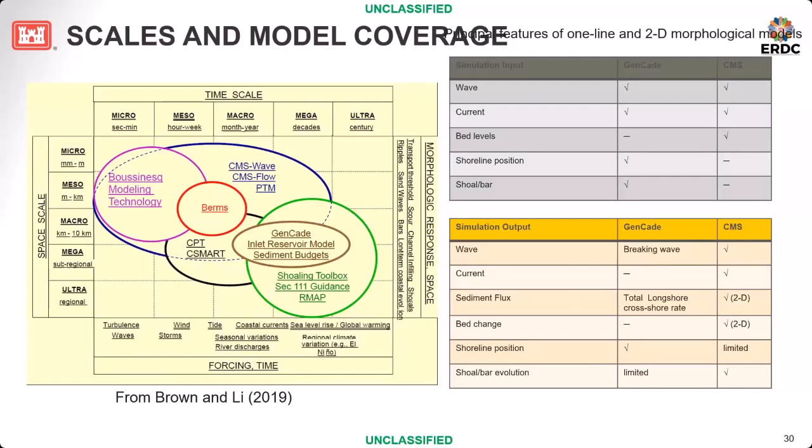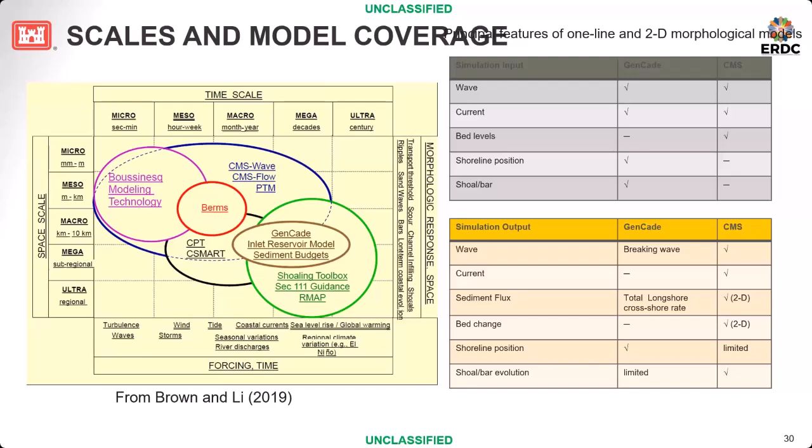So this is why GenCade is still a one-line model with more processes that can have better performance to do long-term and regional estimation of shoreline change for practical purposes.